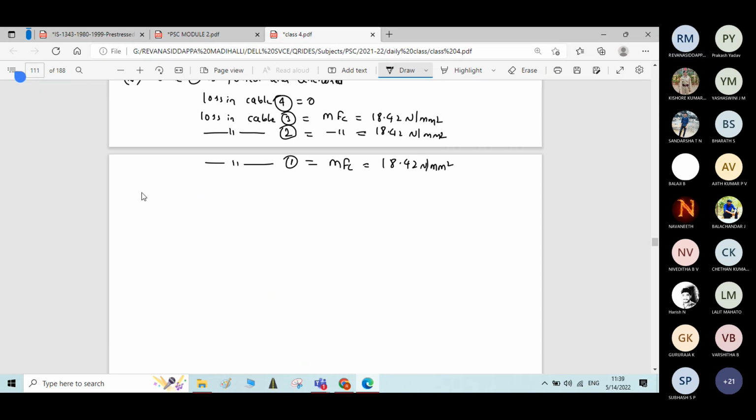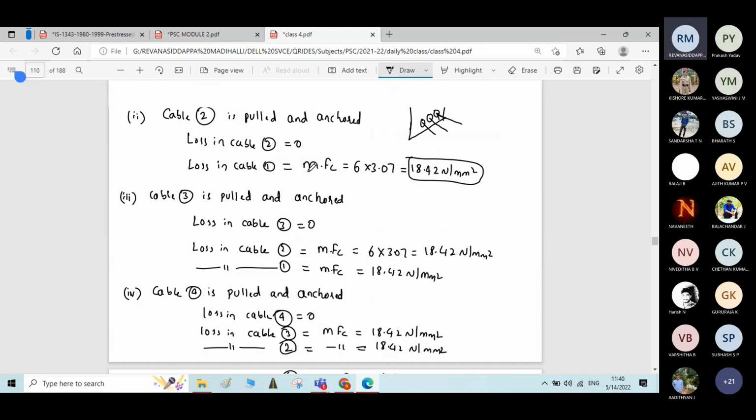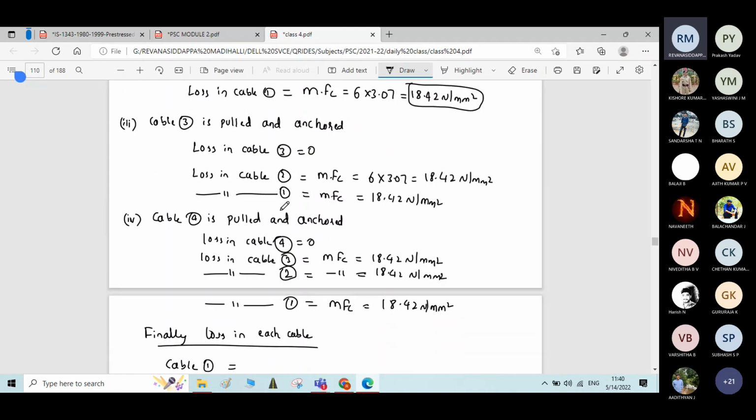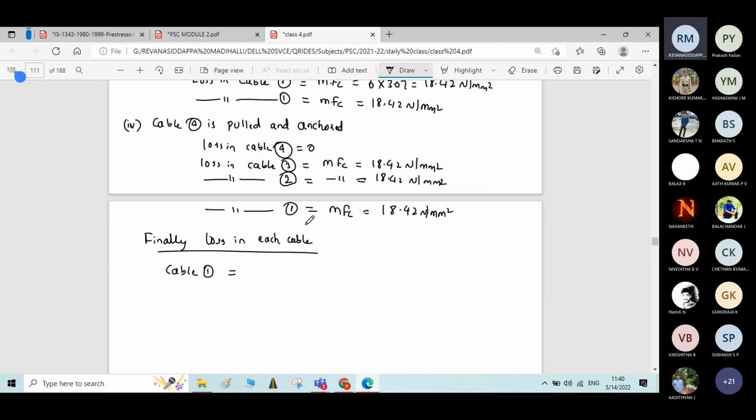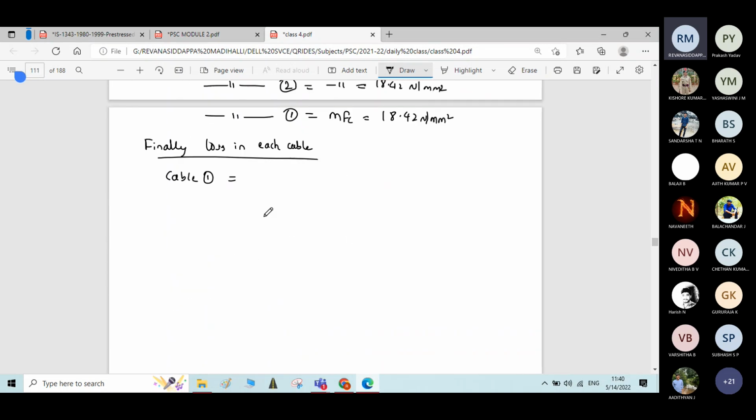Okay, finally, the loss in each cable is calculated as in cable 1. See, after cable 1, cable 2 is pulled and anchored, cable 3 is pulled and anchored, cable 4 is pulled and anchored. After each successive cable is pulled and anchored, there will be loss in cable 1.